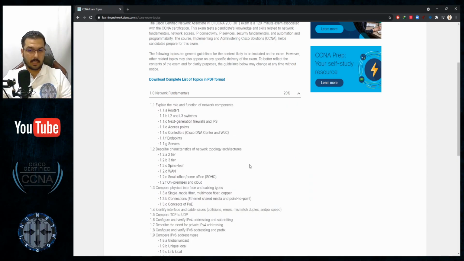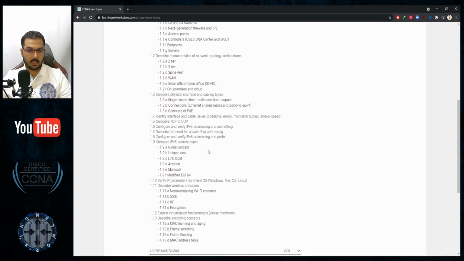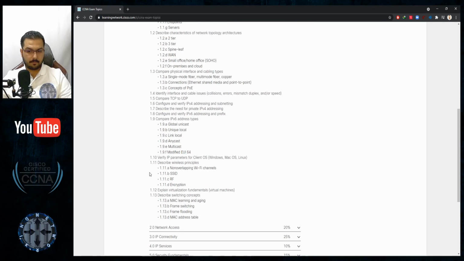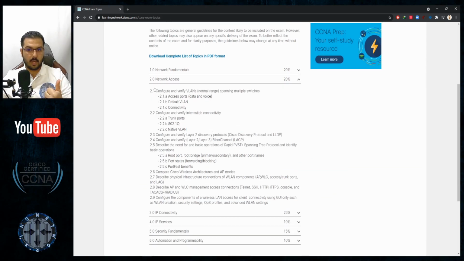Plus, if you take a deeper look at the first one again, you will find some parts there like this one, wireless principles. Even in module 2, I have some wireless technologies, like comparing the wireless architectures and the access point modes, the physical infrastructure of the WLAN components, configuring the components of the WLAN, describing the access points and the WLC management.